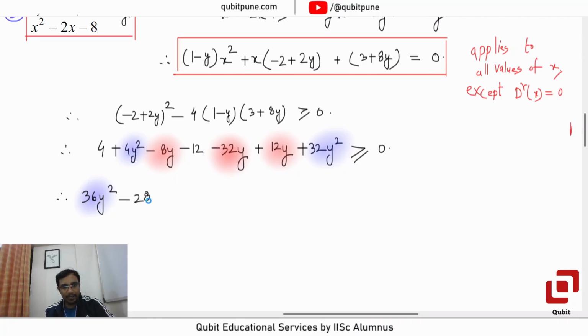What are the constant terms now? 4 minus 12, so negative 8, greater than or equal to 0. Divide by 4. Therefore, 9y squared minus 7y minus 2 greater than or equal to 0.